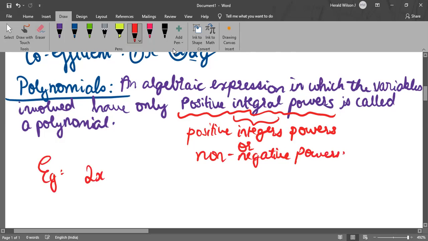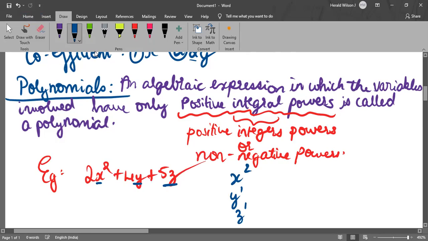Example, 2x squared plus 4y plus 5z. Let's look at the variables, that is x, y and z. What is the power of x? 2. Power of y is 1 and z is 1. Let me add another term to this, 6.